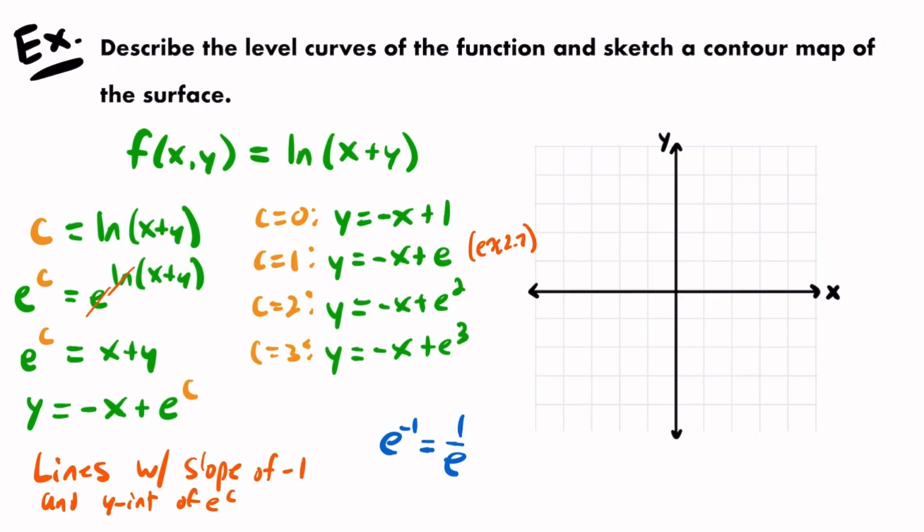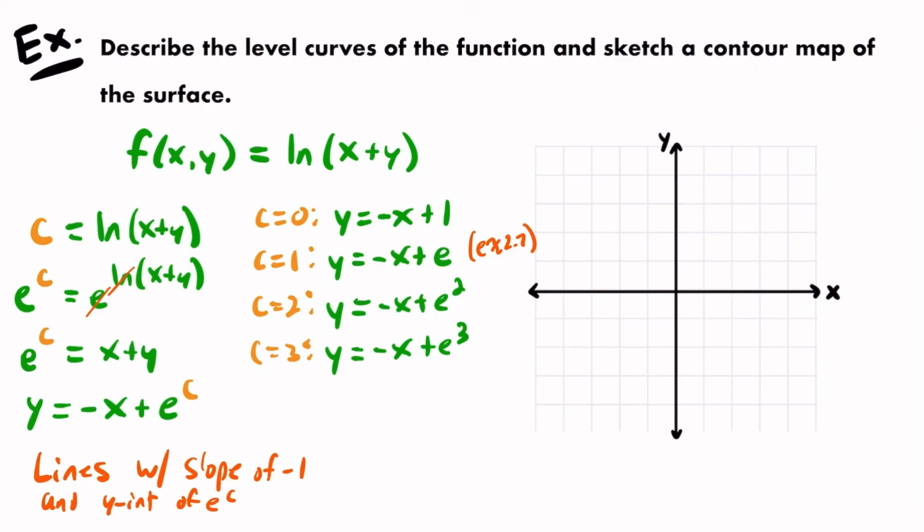It's a positive value, but it's very small. And as you would pick more and more negative values, such as -2 and -3, that value is only going to get smaller and smaller towards 0. So you're just going to have lines with y-intercepts getting really close to 0, which is not really easy for us to graph. So I'm going to stick with our positive values of c here, and that will be good enough, okay? But now let's actually graph these level curves.